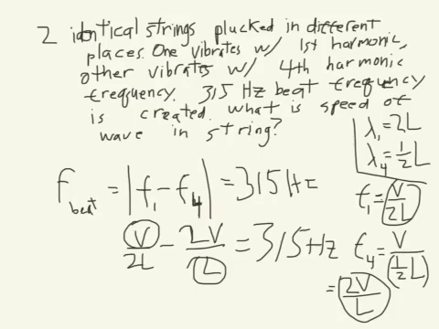So now all we have to do is some pretty simple algebra. It would be helpful for us to have both of the denominators here being the same thing. So let's just rewrite this one as half v over L. Same thing, just written differently.